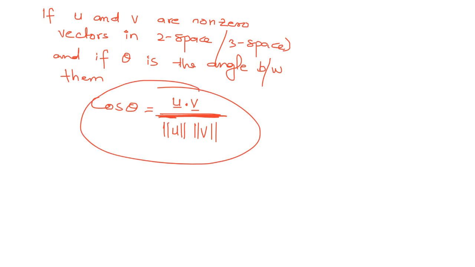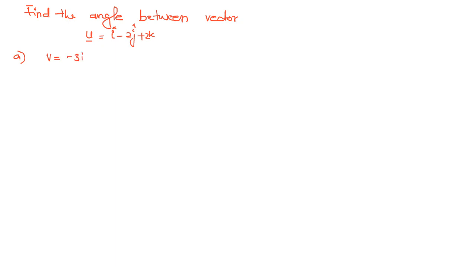For example, there is a question: find the angle between vector u, which is equal to i minus 2j plus 2k, and, for example, the first one, v is equal to minus 3i plus 6j plus 2k, and w is equal to 2i plus 7j plus 6k.